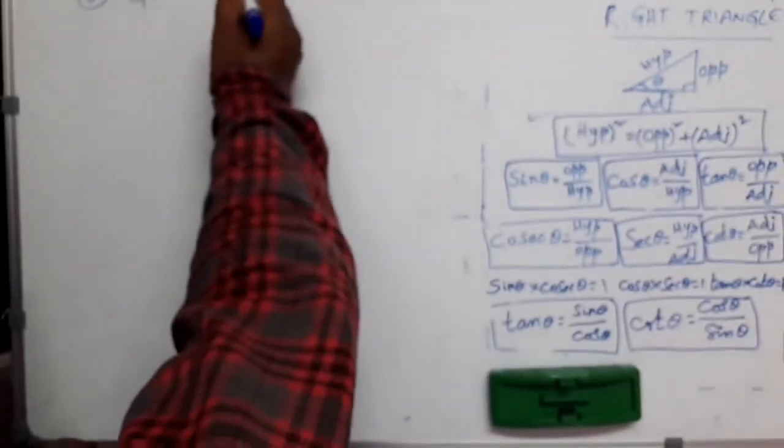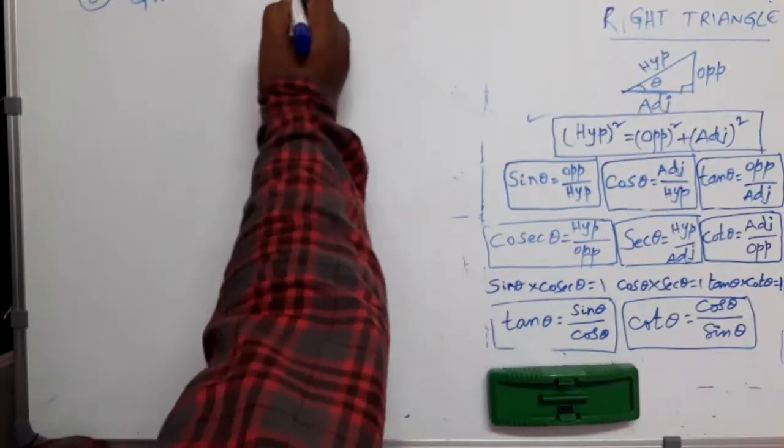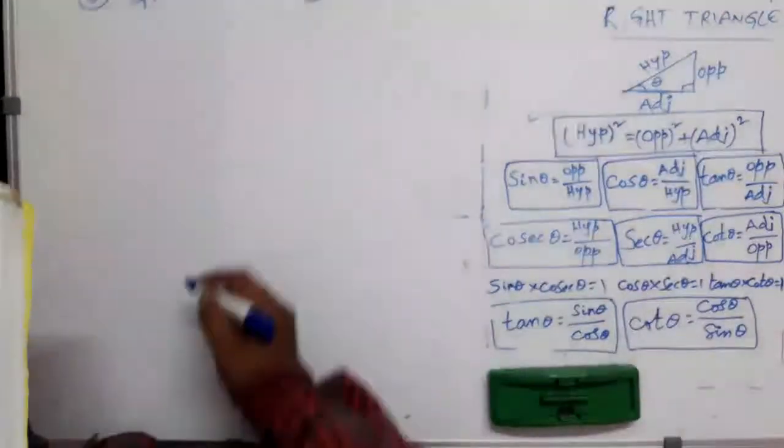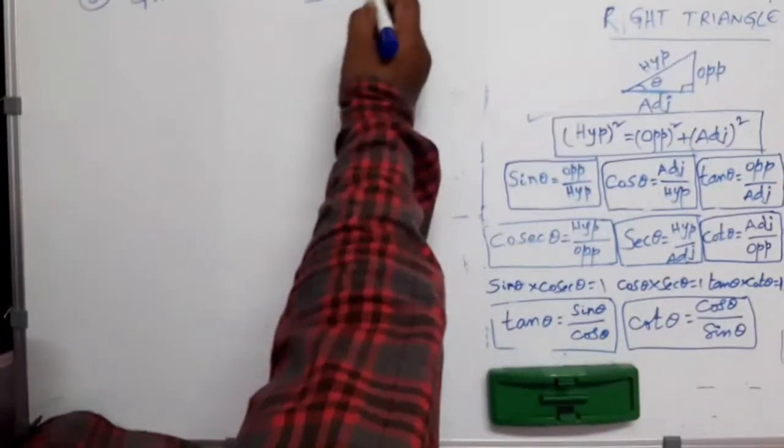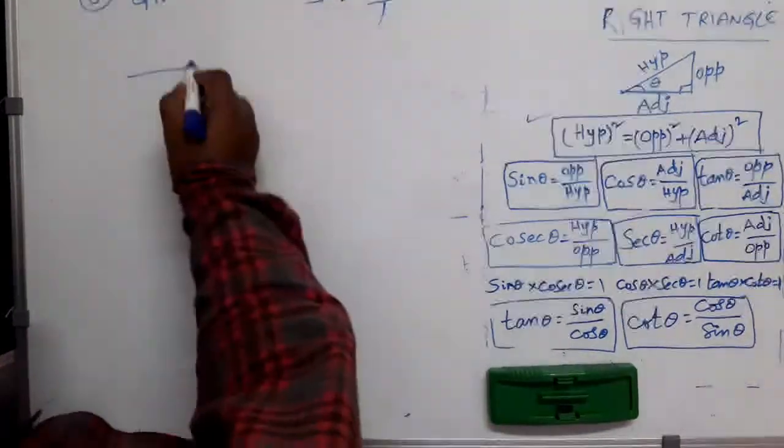So here also what we have observed, tan A, given tan A is root 3, right? Root 3 means, of course, root 3 by 1. So let us consider a right angled triangle.